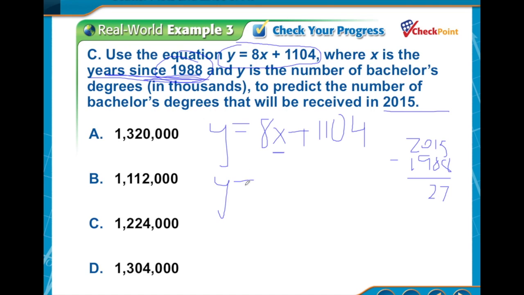So y will equal 8 times 27. We'll get a big number there, and then we'll add this number here. 1104. And the number we get here will be in thousands. So we'll have to add 3 zeros to that number.